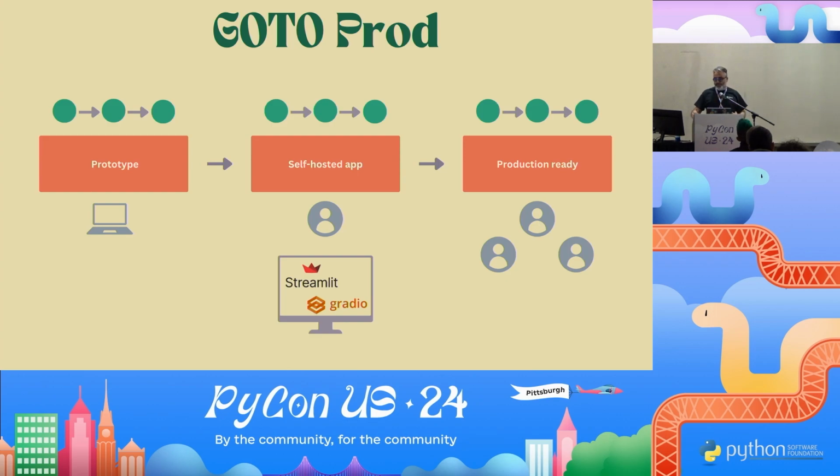And this is not about the destination, but it's about the journey, right? So we equip the framework in a way that it provides the tools that you need to go through this journey that you see on the slide. So you start with your pipeline as a prototype on your laptop, with or without GPU. It works. Next step, you want to share to a colleague or to some friends, same pipeline.